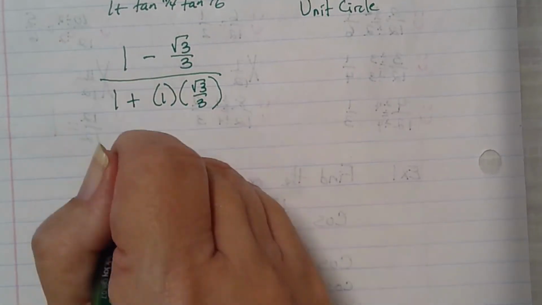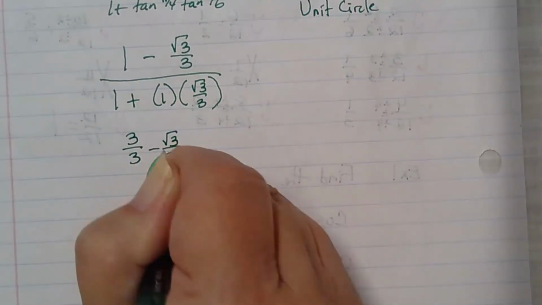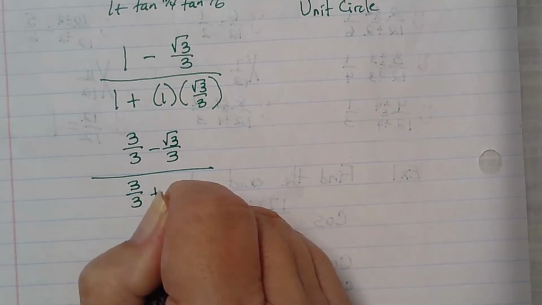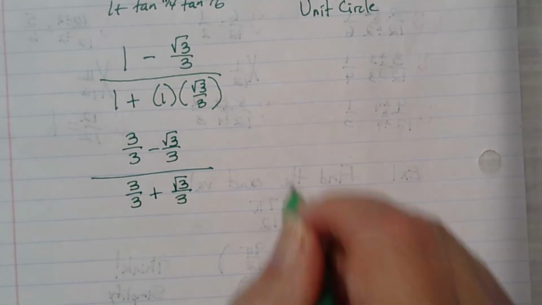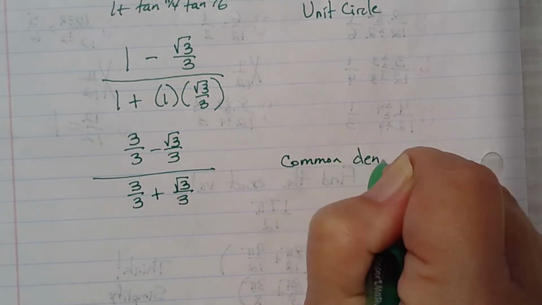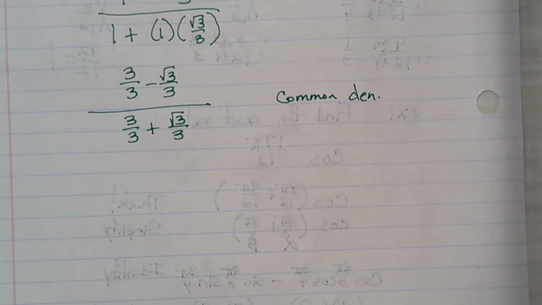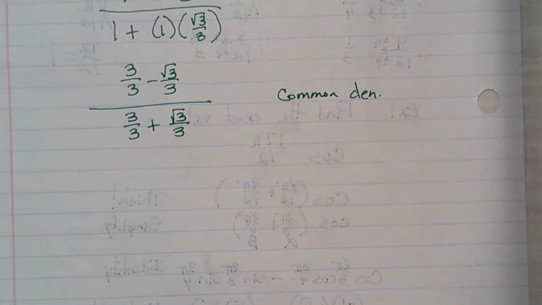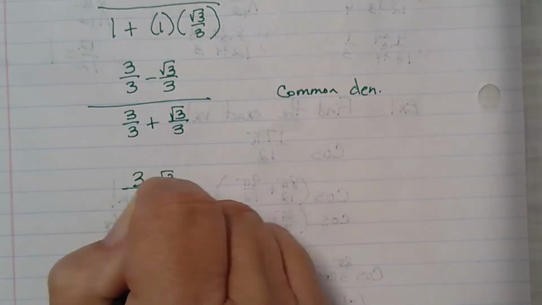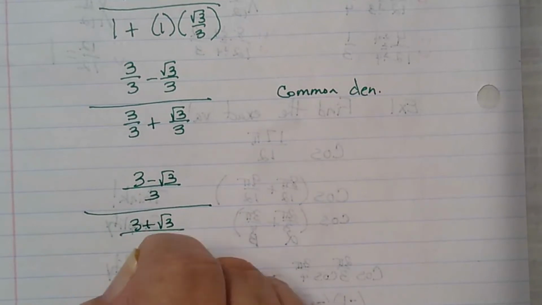So I'm going to write 1 as 3 over 3 minus the square root of 3 over 3. I'm going to write this one as 3 over 3 plus the square root of 3 over 3. Common denominator. So then my numerator is 3 minus square root of 3 over 3 divided by 3 plus the square root of 3 over 3.